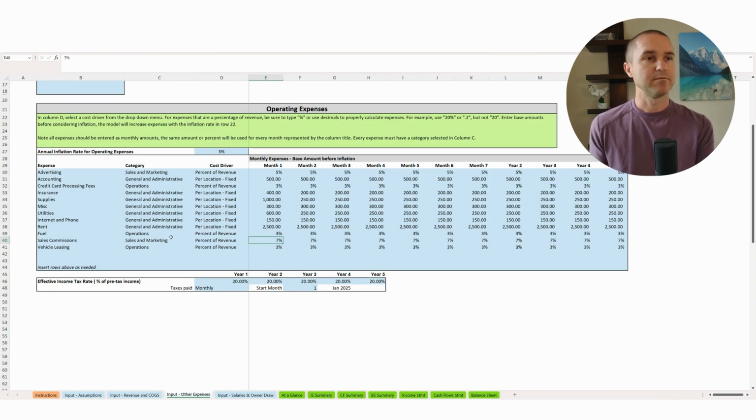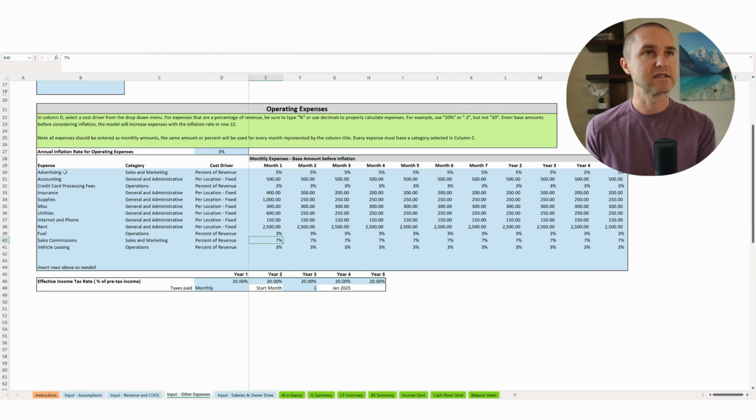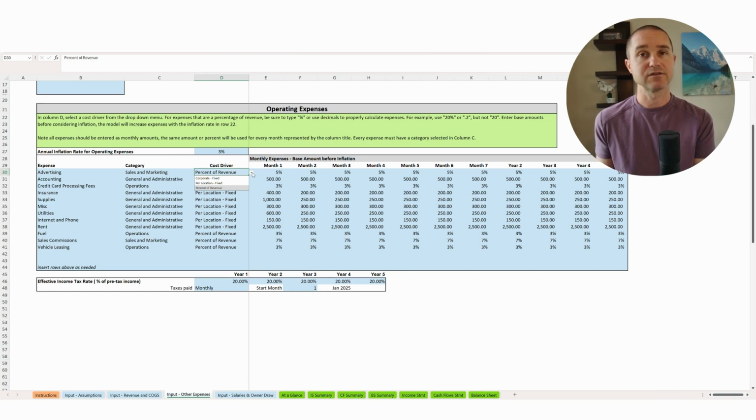All right, on this tab, we have input other expenses. So this is things like advertising, accounting, credit card processing fees, insurance, supplies, right? So you get the idea. I've set several of these as a percentage of revenue. You can set these expenses as either a corporate level expense, a per location expense, or a percentage of revenue.